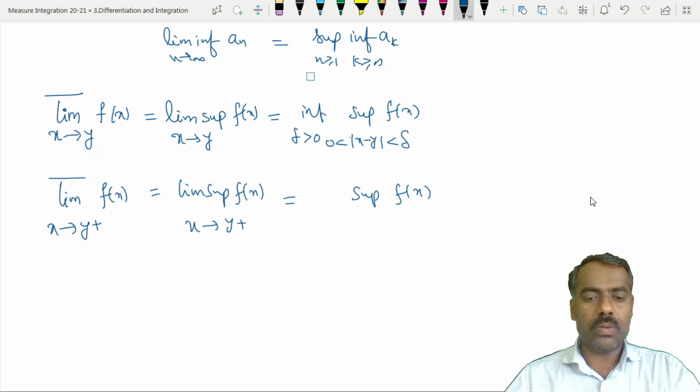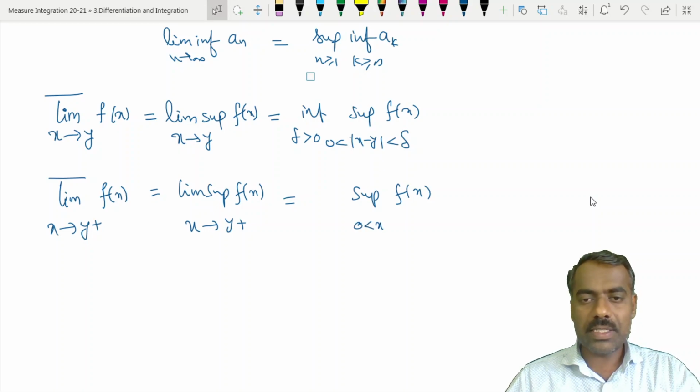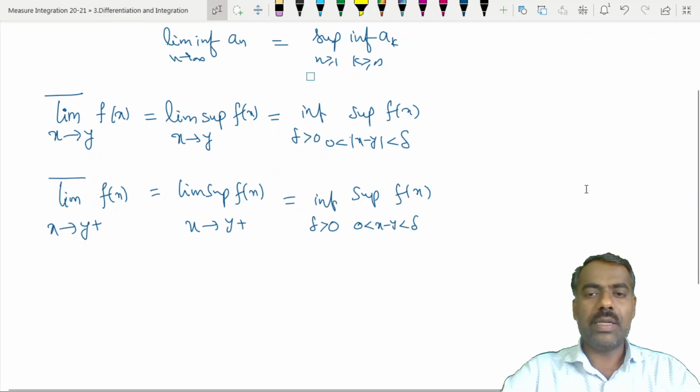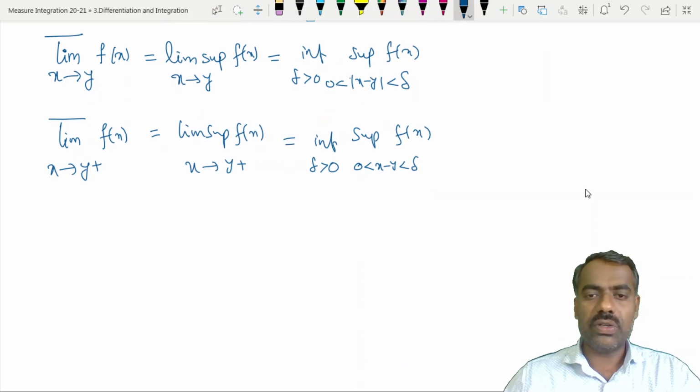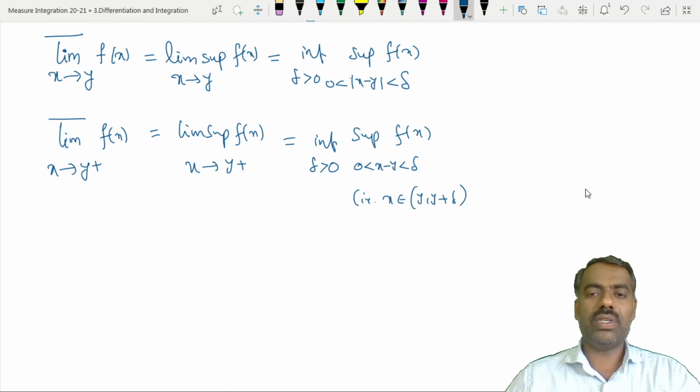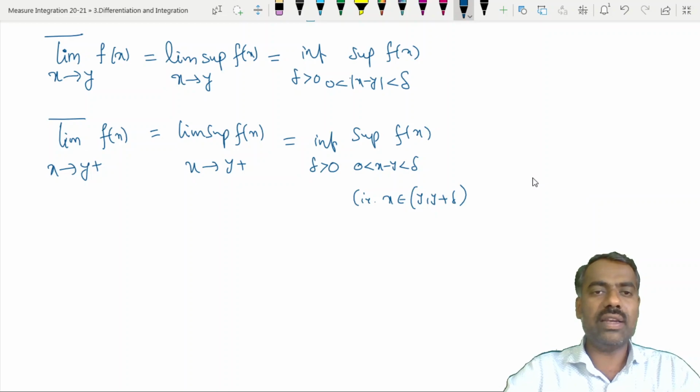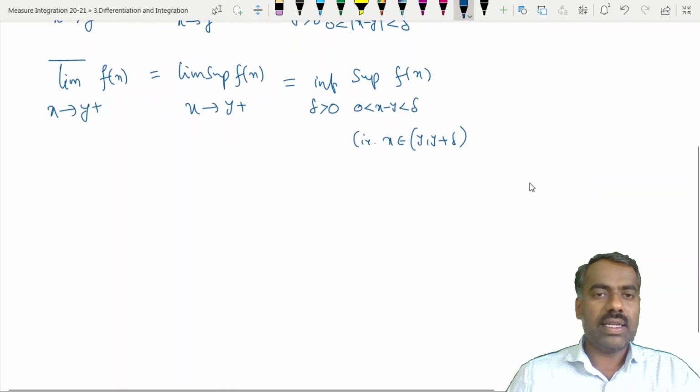So what we'll get here is the supremum over x minus y less than delta, and the infimum over delta greater than 0. That means all x belongs to the interval y comma y plus delta. So all x we are taking greater than y but close to y, right?